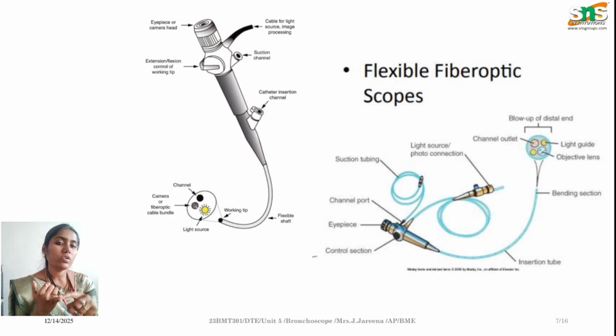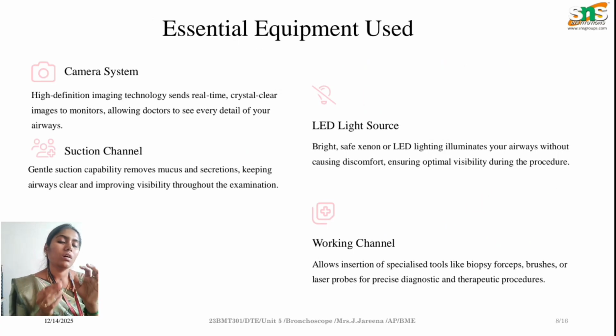One is for the channel, that is the working channel, or sorry, suction channel, or if you want to give any other accessories, we can use it for taking samples or delivering medicines and so on. The second is the light source, to illuminate the targeted area. And third, you have a camera to capture the internal organ images. So these are the different parts of this flexible fiber optic bronchoscope.